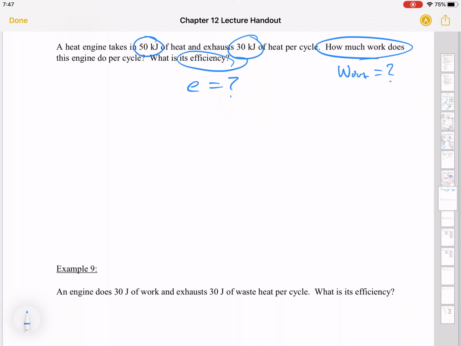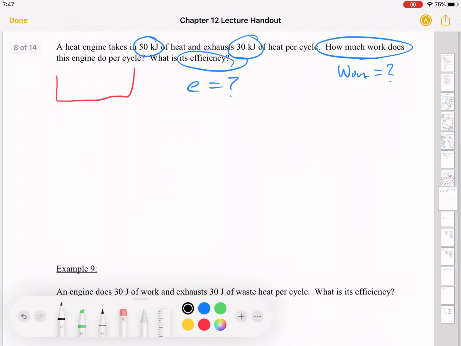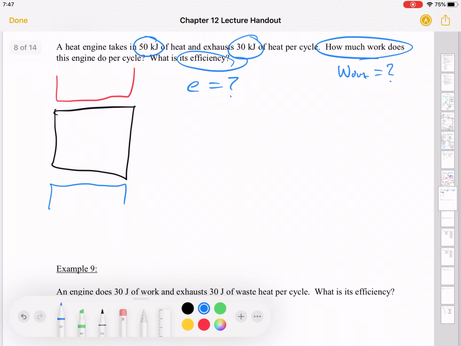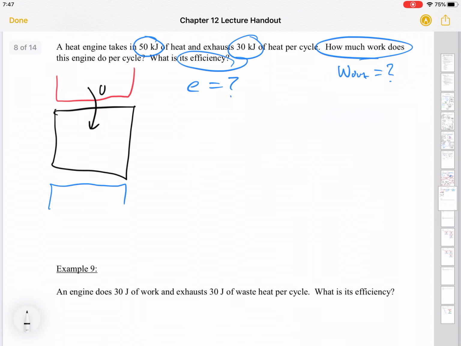All right, so I like to draw the heat engine. There, and then we can label Q hot and Q cold. So there's Q hot, there's Q cold, and work out. Work out is one thing we're looking for, and the heat engine takes in 50 kilojoules.